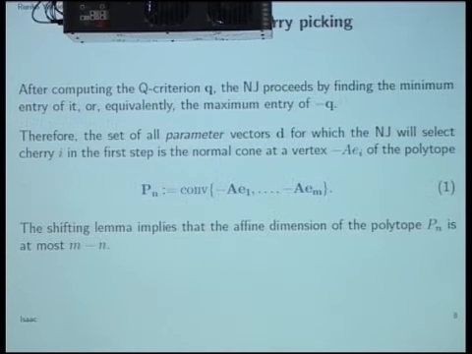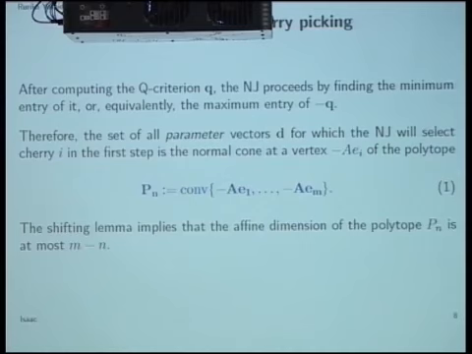Okay, so the first step in cherry picking, after computing the Q criterion Q, the neighbor joining method proceeds by finding the minimum entry of Q, or you can say the maximum entry of minus Q. Therefore, all parameter vectors D for which the neighbor joining method will select cherry ij in the first step form the normal cone at the vertex minus e_ij. e_ij is just the regular unit vector, of the polytope Pn, the convex hull of this guy.